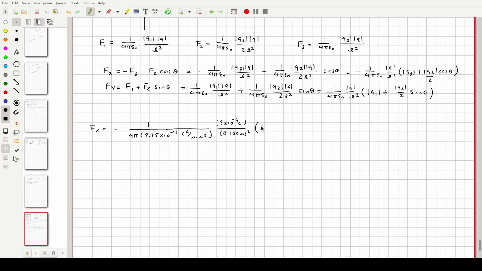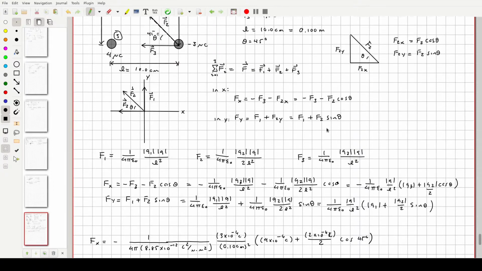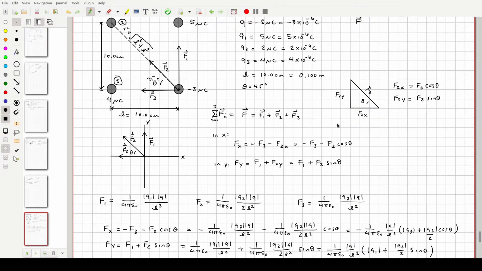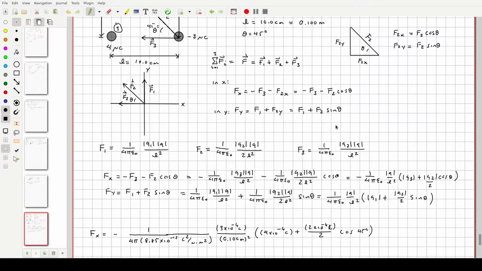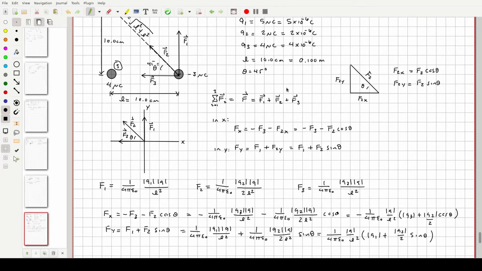So this is going to be 4 plus, and then our angle is 45 degrees. So that takes care of the first one right here. Q3 plus Q2, again, Q3 is this, Q2 is that.